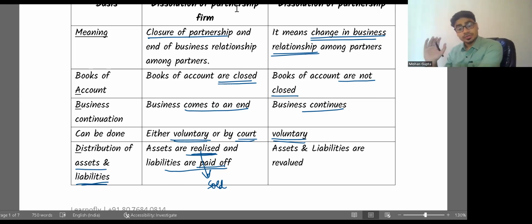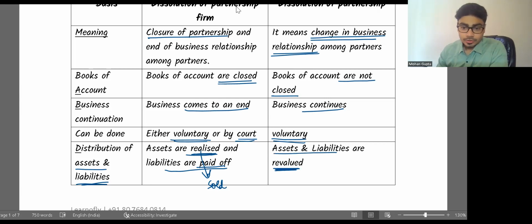But in case of dissolution of partnership, change in partnership, the assets and liabilities are revalued. You remember preparing revaluation account in case of retirement, death, admission, change in PSR? So assets and liabilities are revalued.